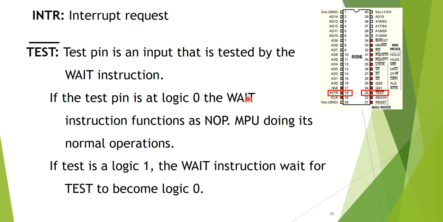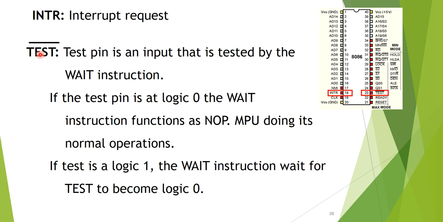That means it does not go into the wait state. But if the test pin is at logic 1, that means the microprocessor has to wait until the test pin becomes 0.